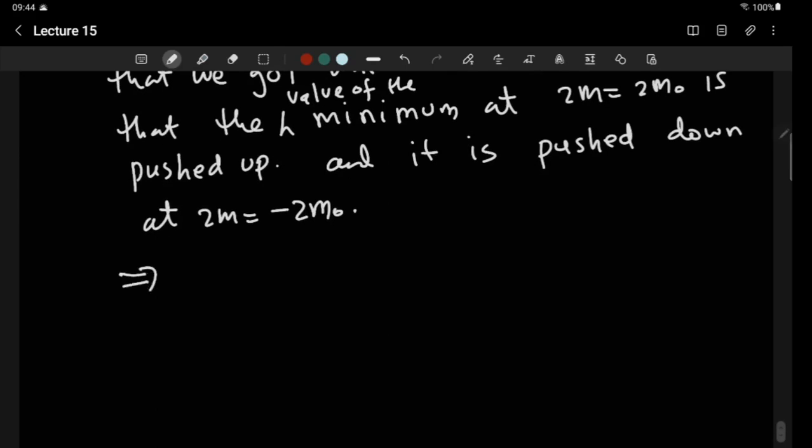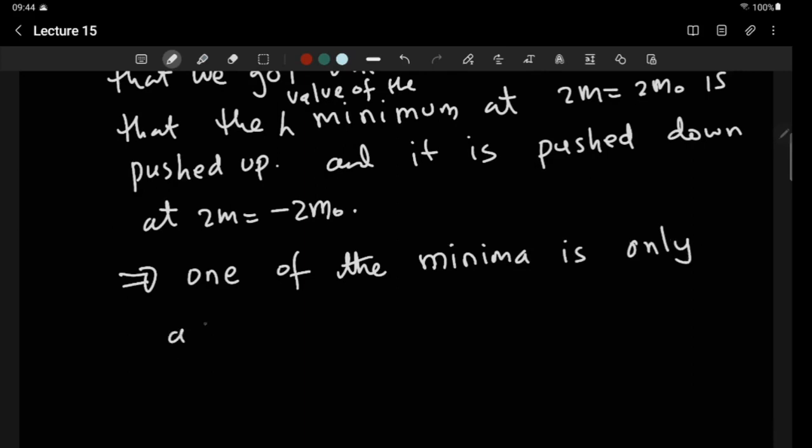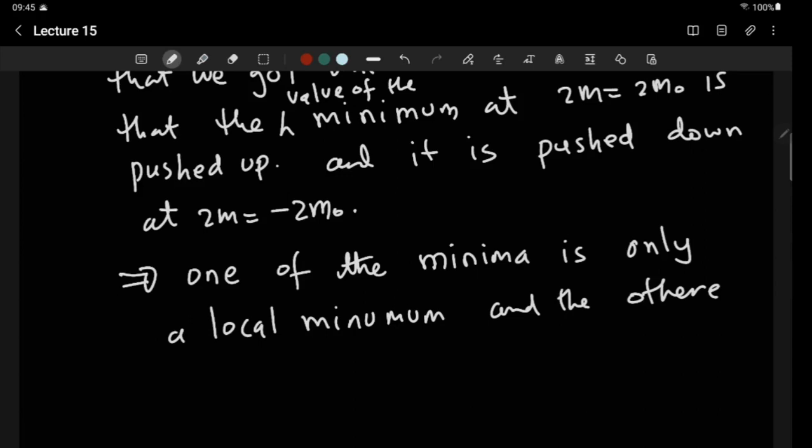So this implies that one of the minima is only a local minimum, and the other is a global minimum.